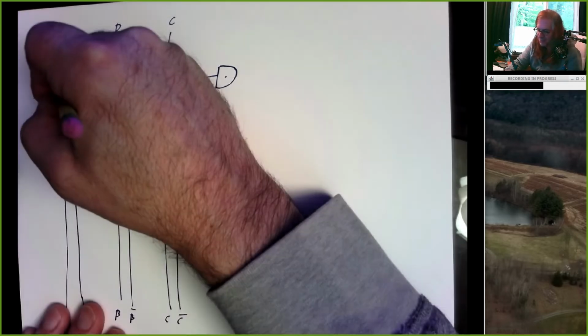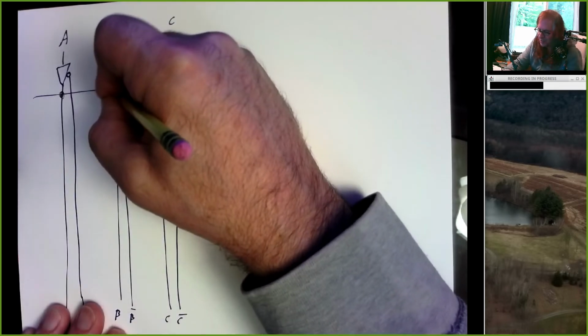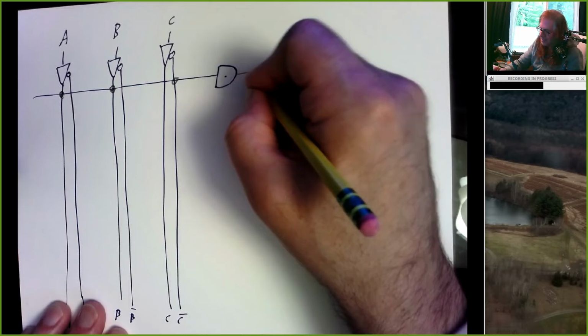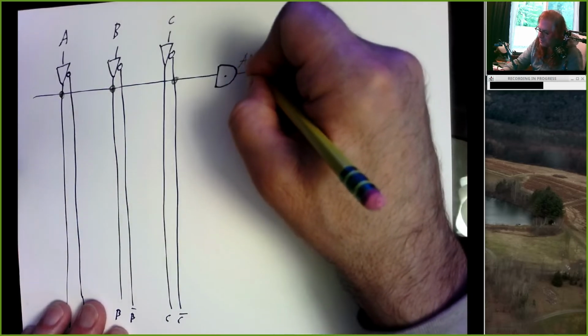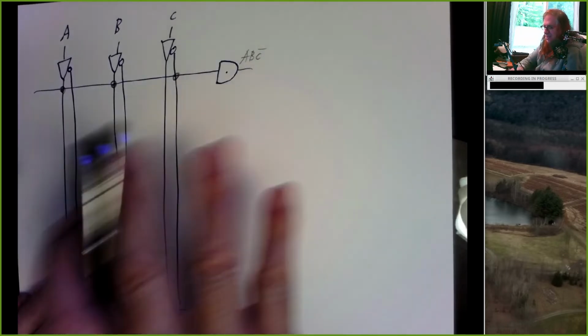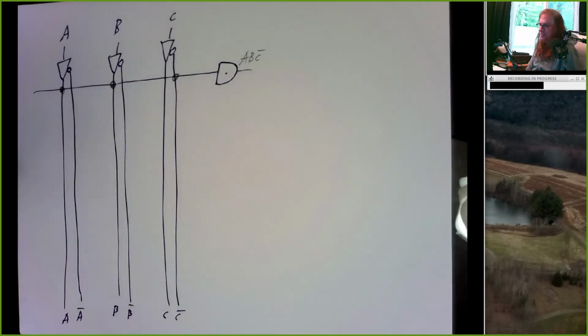I'm going to put a dot right here, a dot right here, and a dot right here. And that's going to mean this output is A, B, C bar. All right. Again, not a valid logic diagram.